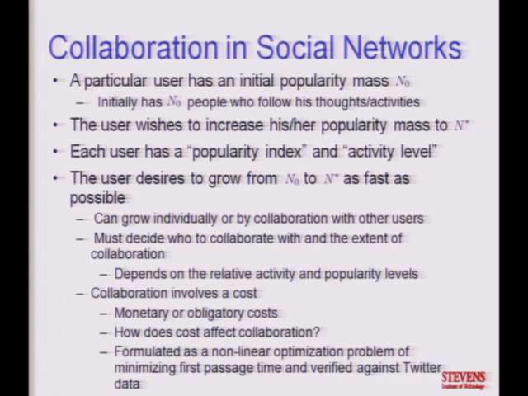And each time I collaborate with somebody, there is a cost involved, meaning I'm taking somebody's help, which means I have to pay that person in terms of monetary pay, or I have some kind of obligation, like if somebody helps me, it puts me in a situation where I have to help that person back if needed. So how is this cost going to affect this collaboration? That is what we are going to study in this problem.